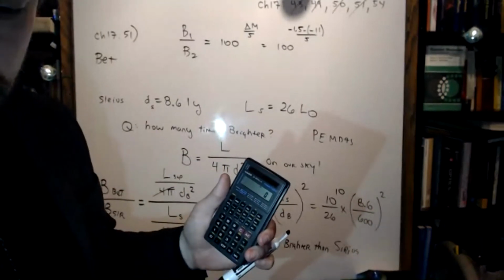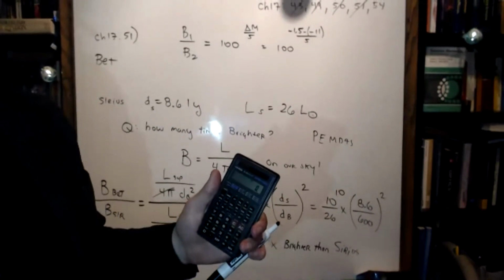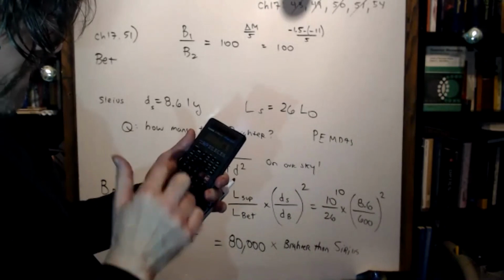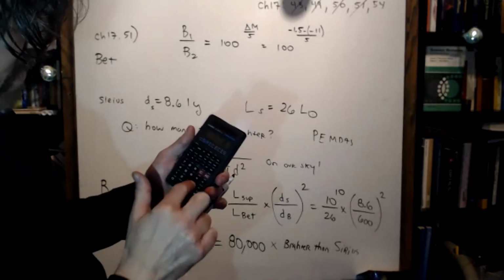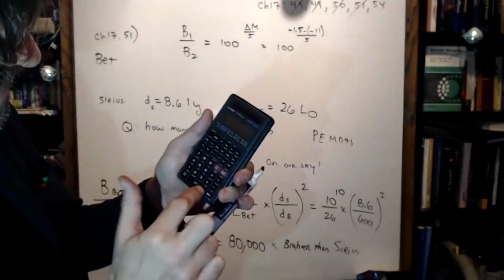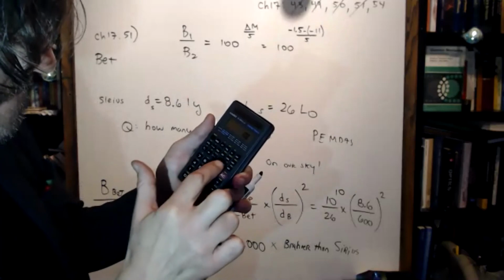That'd be 10.5, right? This would make a good test question. Maybe I'll do this to you. -1.5, basically plus 11. So there's a 9.5 magnitude difference divided by 5, 100 to the power of 1.9.